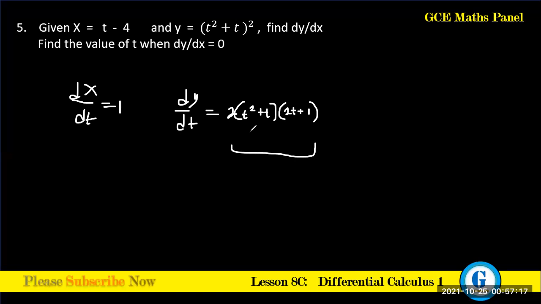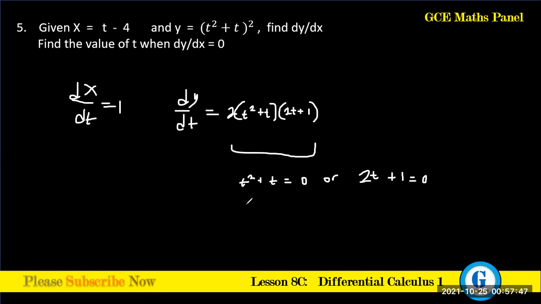So when this is equal to 0, you can find the value of t. In this case, it implies that either t squared plus t equals 0 or 2t plus 1 equals 0. So we have t squared plus t equals 0, or 2t plus 1 is equal to 0.